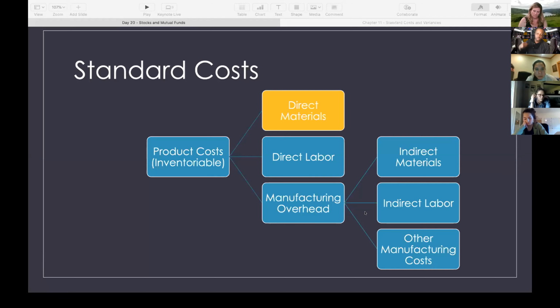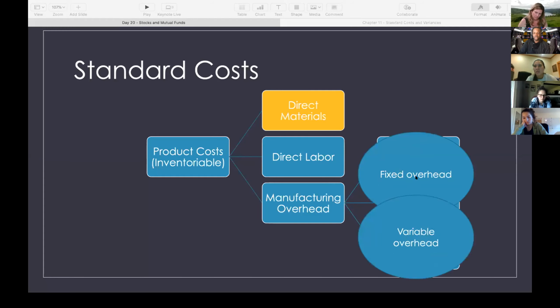As we've moved along in the chapter, I think this was introduced in chapter 2, we found that we can take this manufacturing overhead, take those costs, and break them up between which ones are considered fixed costs and which ones are considered variable costs. So we have fixed overhead and we have variable overhead.